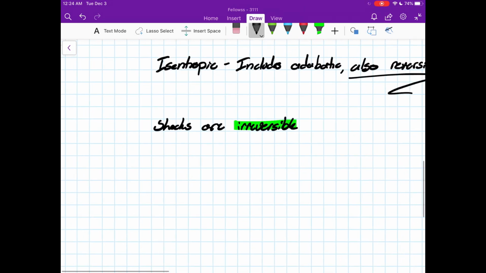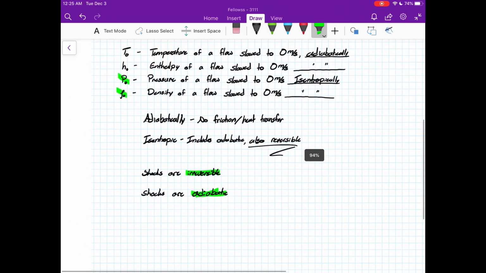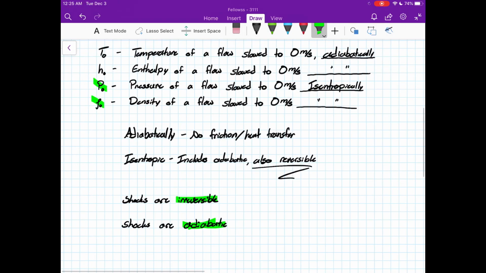However, shocks are also adiabatic. So while we do have an irreversible process, we don't have a process where there's no friction, there's no heat transfer over a shock, right?